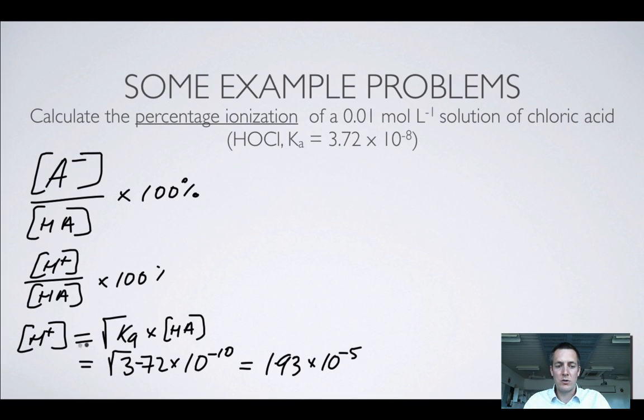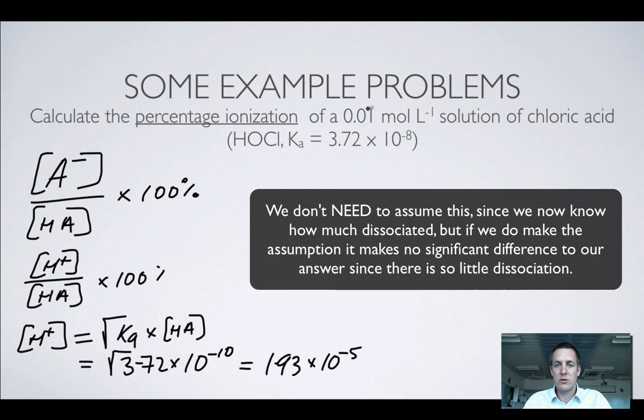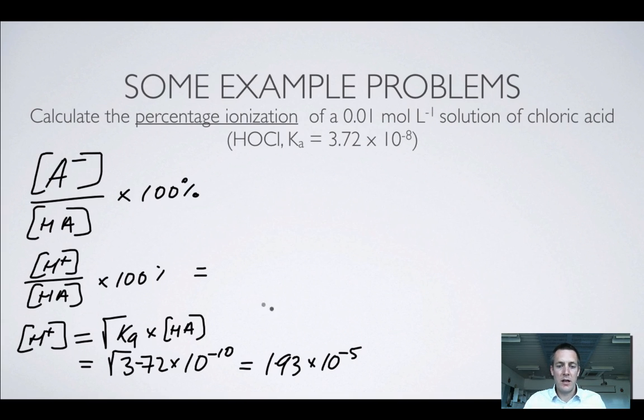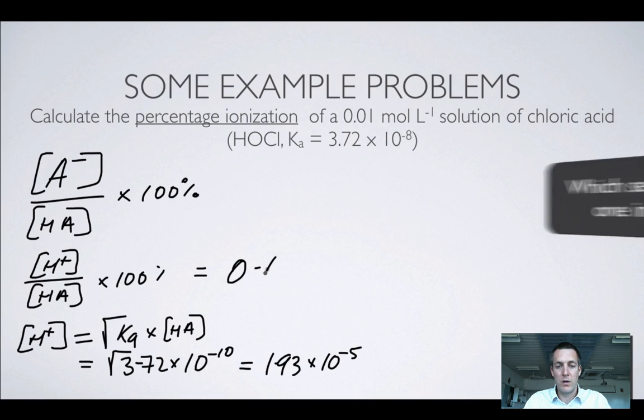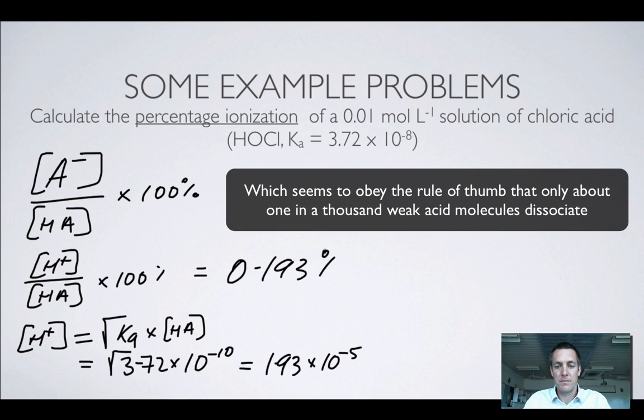So now I know my concentration of H+ ions. I'm going to assume that the concentration of this at equilibrium is the same as it was at the start. And so, put this into here, divide that by 0.01, and I get 1.93 times 10 to the minus 3. Multiply that by 100, and I've got 1.93 times 10 to the minus 1, which is 0.193%.